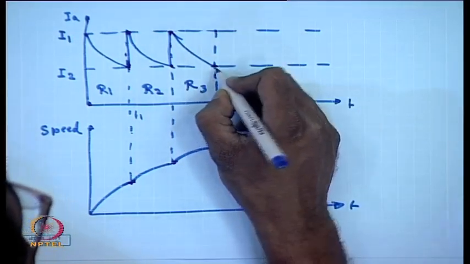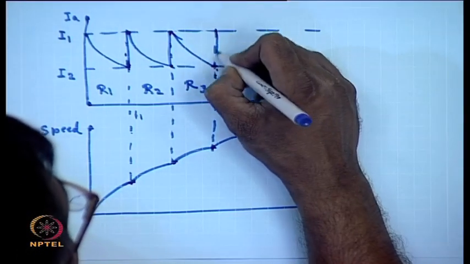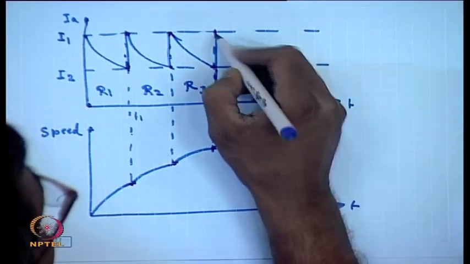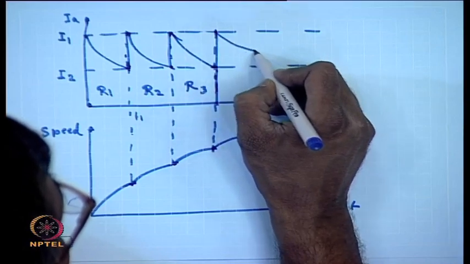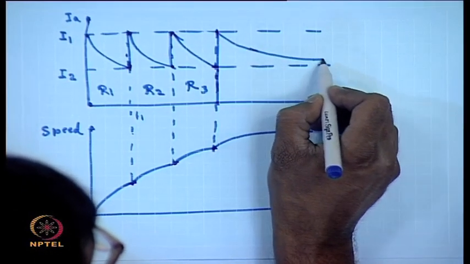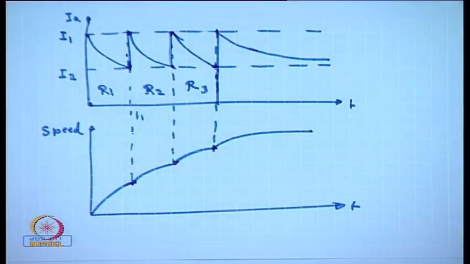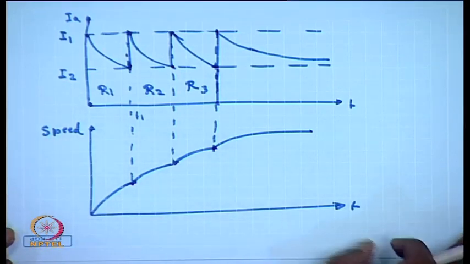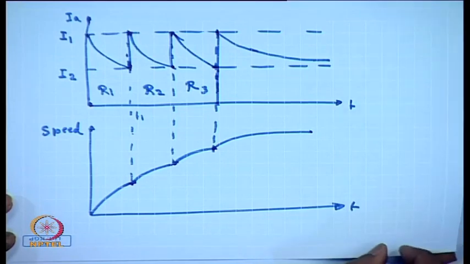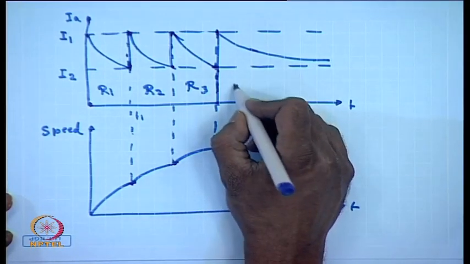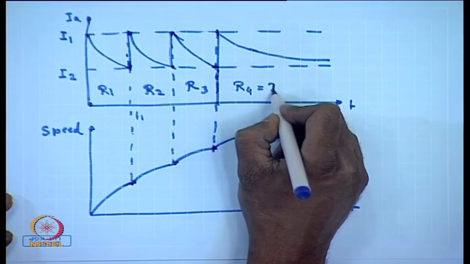Finally, here the last contactor C3 is closed. Initially the current jumps and then settles to its final value. This is how the armature current and the speed variation looks like in a sectional starter. This is R4 equal to RA.